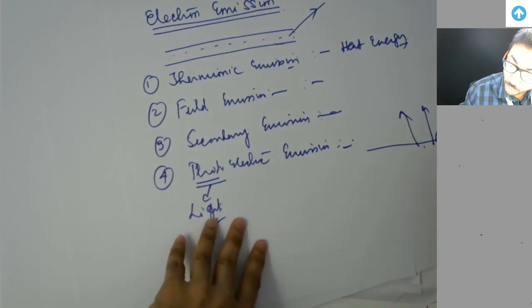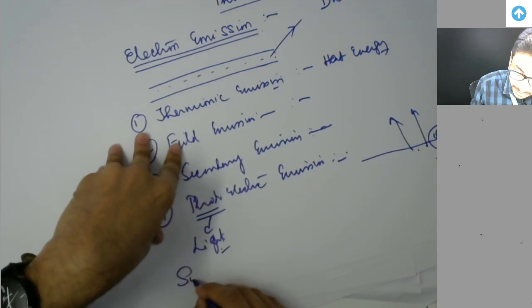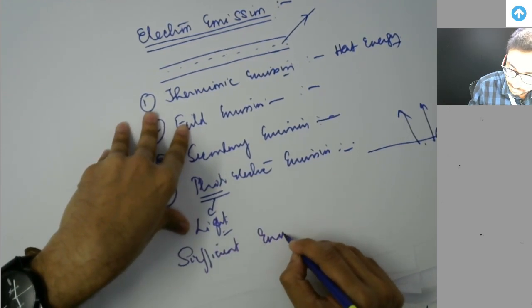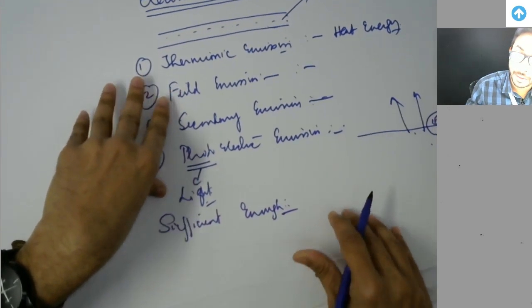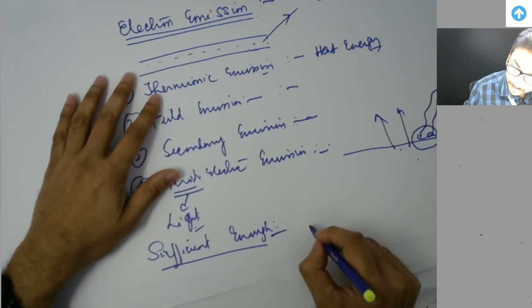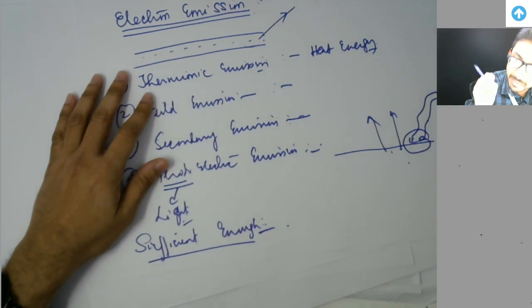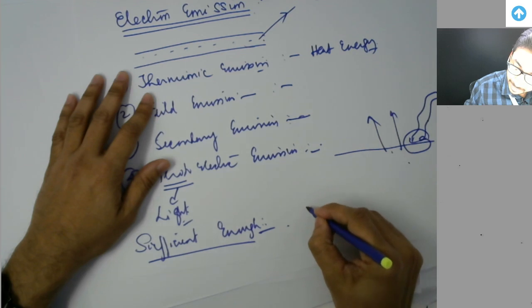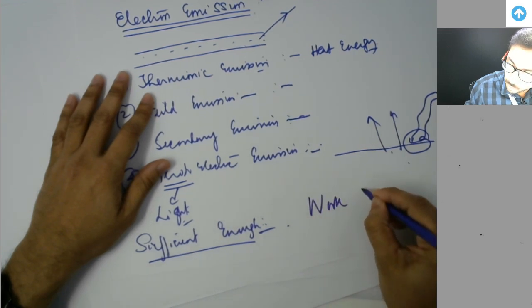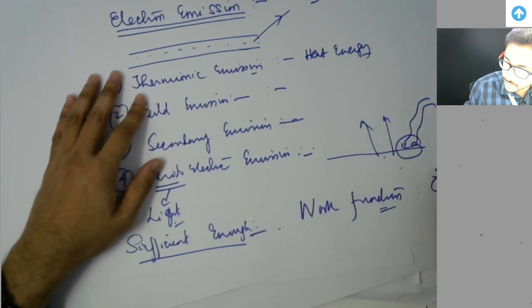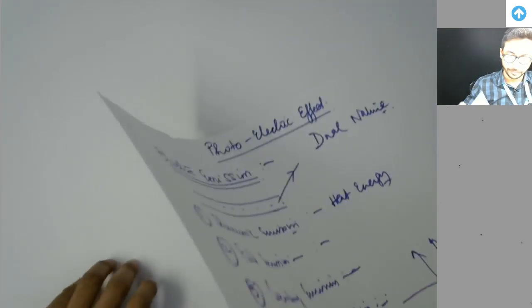Now, what do I mean by sufficient enough? Every metal surface or every material needs a minimum energy to knock off the electron, and that is called the work function. It is denoted by phi 0.